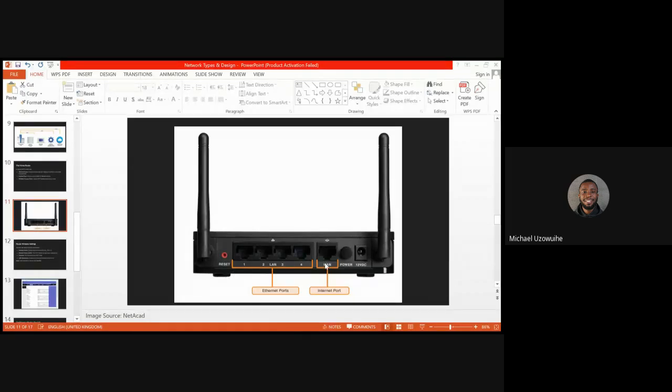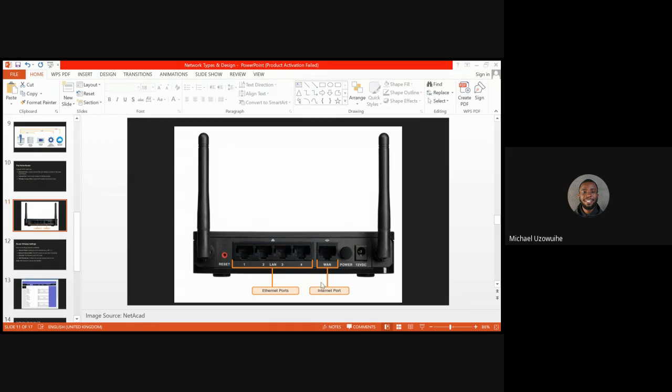But at times, for some routers, they just give you a SIM, that's a Subscriber Identification Module, to actually replace the thing here, the internet port.